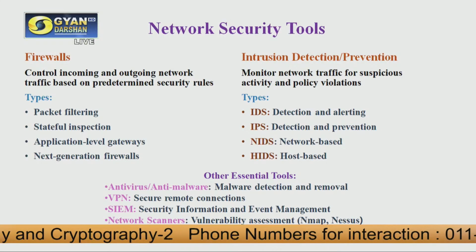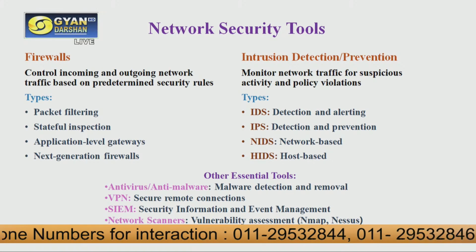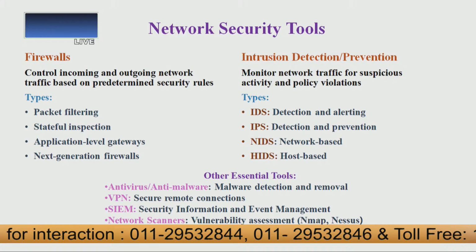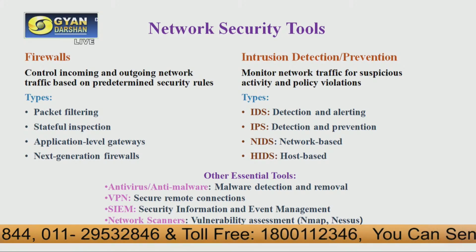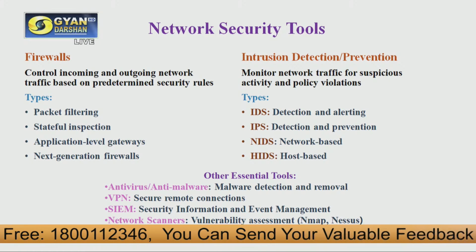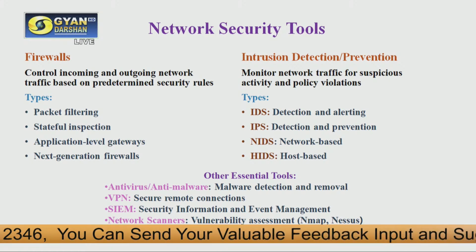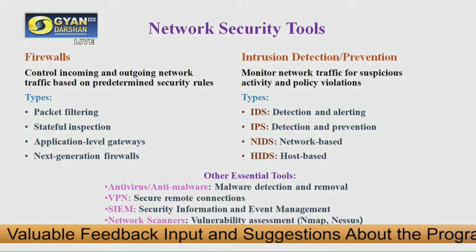Now we will look at some network security tools, like firewalls and intrusion detection and prevention systems. What is a firewall? A firewall is a device. It can be a physical device, or it can be a virtual device that you can use over a hypervisor like ESXi.